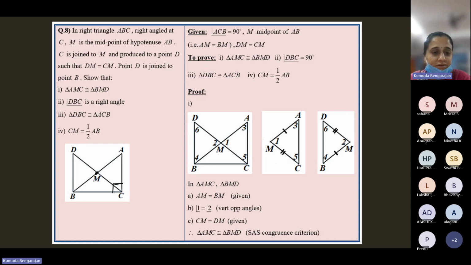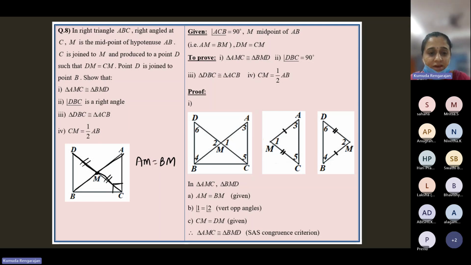That means AM is equal to BM. C is joined to M and produced to a point D such that DM is equal to CM.